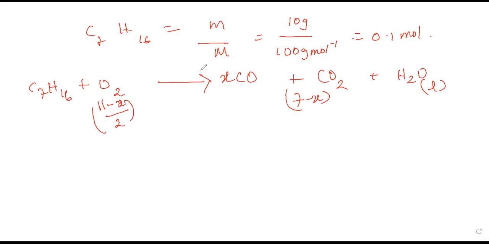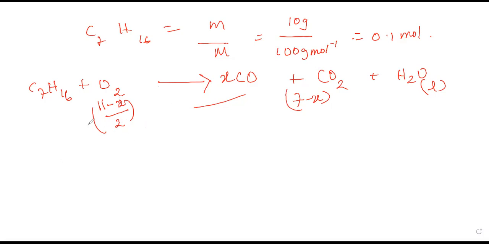Anyone? Altogether, all the gases we are assuming. This is 7, and the oxygen forms O2, so that is 7 plus 6, that is 11 minus X divided by 2.